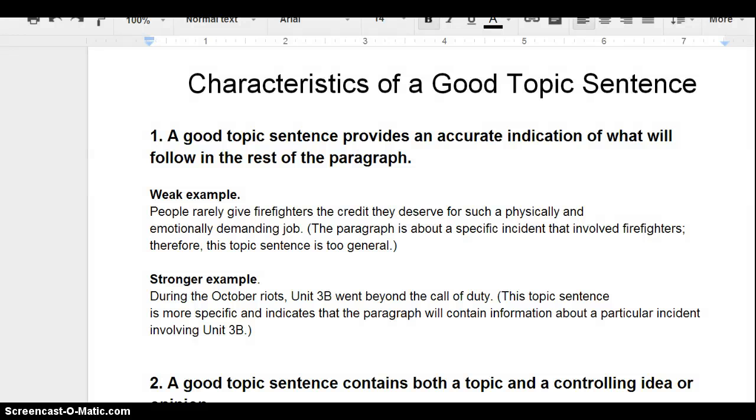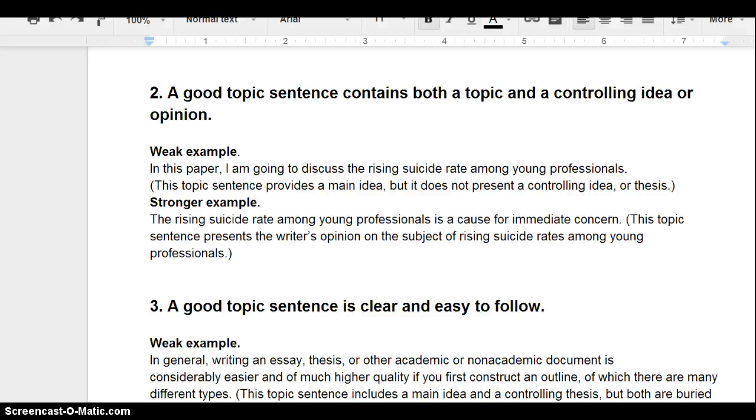A good topic sentence contains both a topic and a controlling idea. The topic is the general subject you're going to be talking about, and the controlling idea is your perspective or the angle that you're going to take. So let's take a look at the weak example: In this paper, I'm going to discuss the rising suicide rate among young professionals.